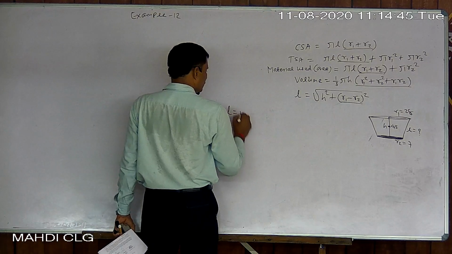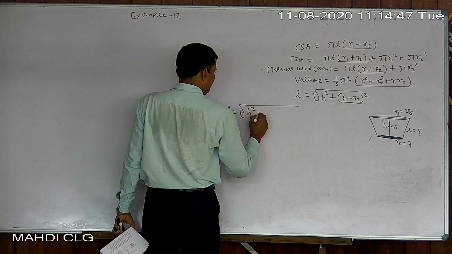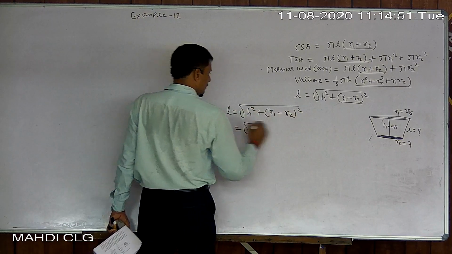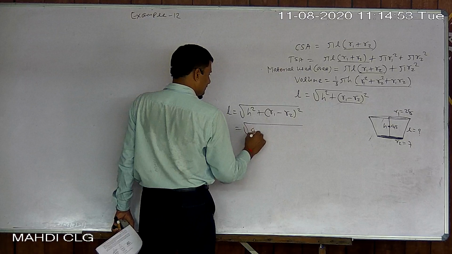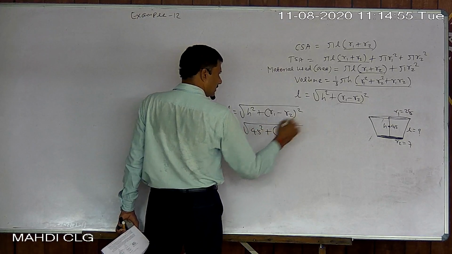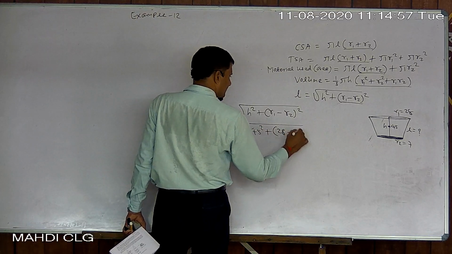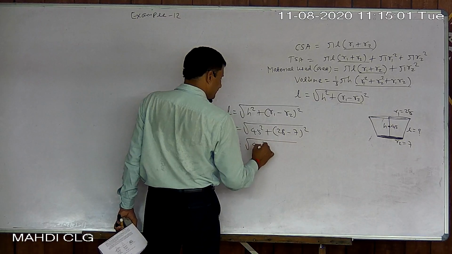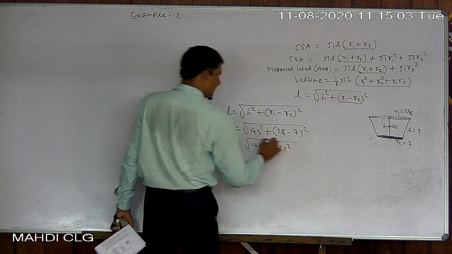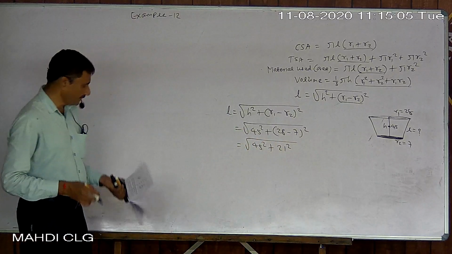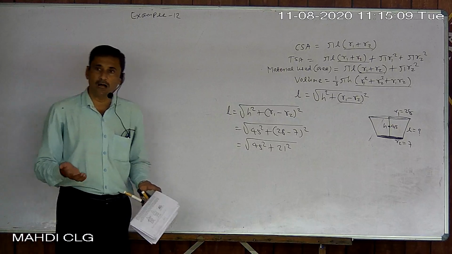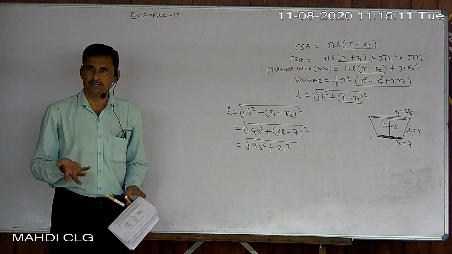L is equal to the square root of h square plus (R1 minus R2) whole square. Just try to place the values. So this is 45 square plus (28 minus 7) square. So it will be 45 square plus 21 square. Now you may be confused that these are very big numbers. How to make the square? And after getting the square, how to find the square root? It will be quite complicated.